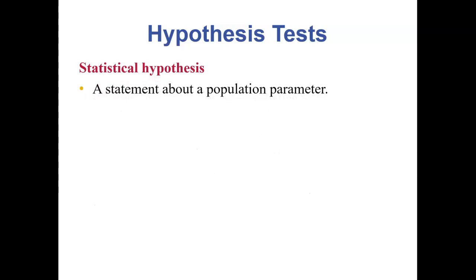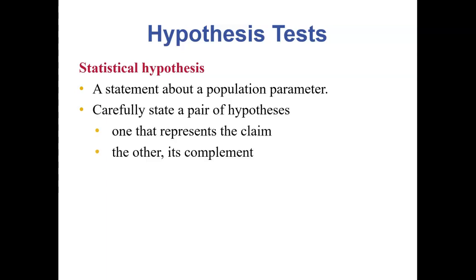So that's the statement about the population parameter that the manufacturer made. So what you as a statistician do is carefully state a pair of hypotheses. In your hypothesis testing, the most important step is to state the pair of hypotheses.